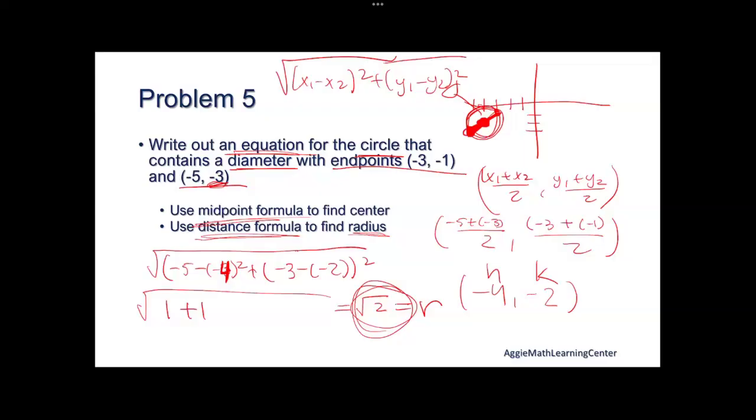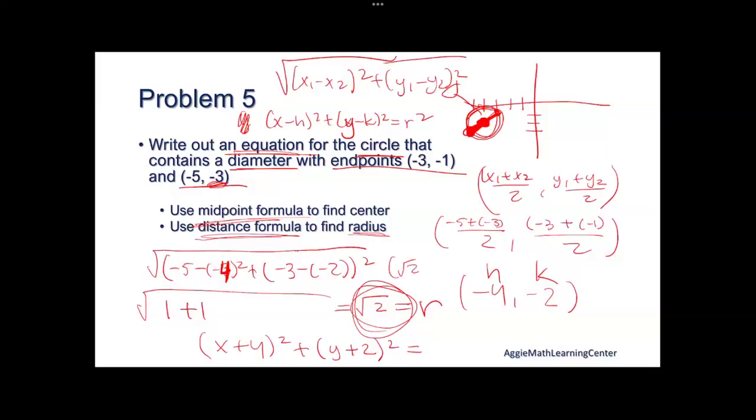Okay, so with our circle equation, x minus h squared plus y minus k squared is equal to r squared. We have x minus h is x minus -4, so plus 4, squared, plus y minus k, k is -2, so y minus -2 is y plus 2, squared, is equal to r squared, so square root of 2 squared.